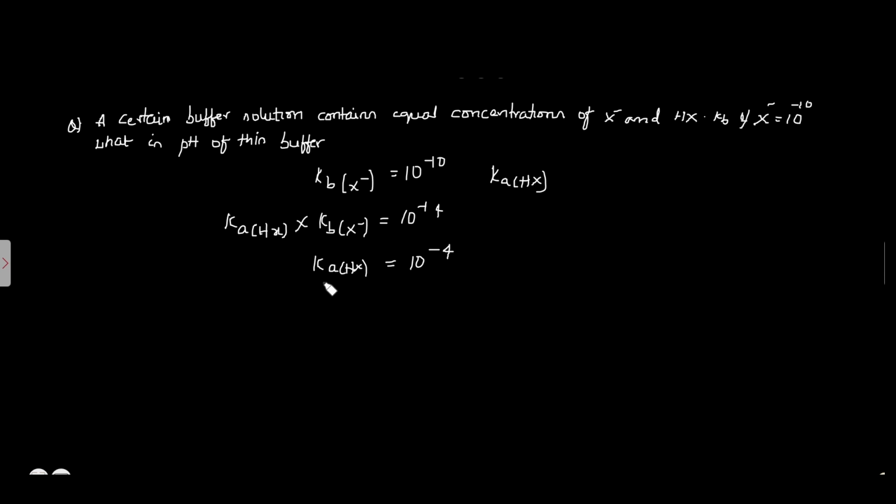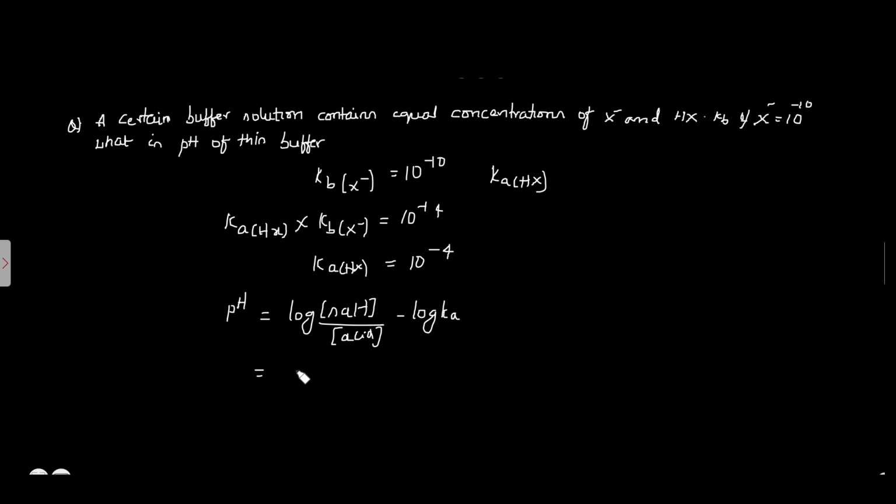Now substitute this Ka value in Henderson equation for pH calculation. pH equal to log of salt by acid, minus log Ka. So here it is given that the concentrations of X minus and HX are equal.